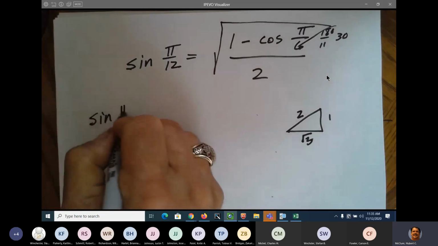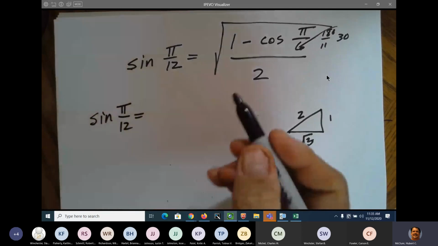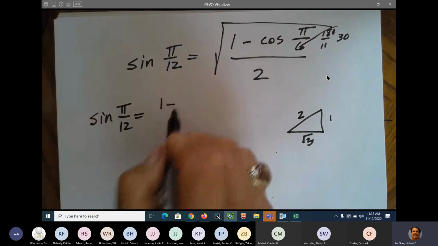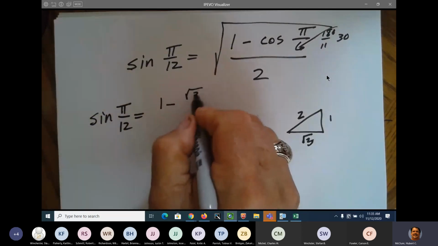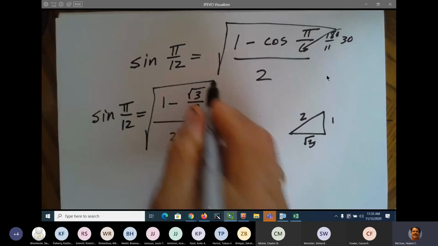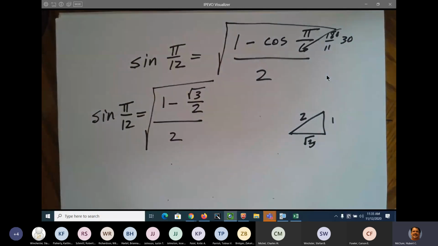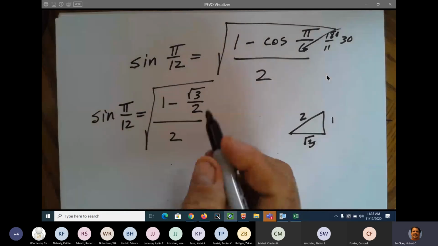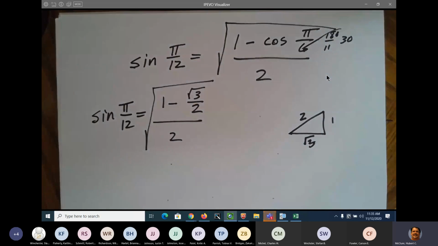Sine of pi over 12 is equal to 1 minus the square root of 3 over 2, all over 2. Did somebody check me? Cosine of 30 should be the square root of 3 over 2. Nobody's going to say anything. I'm assuming I'm right.